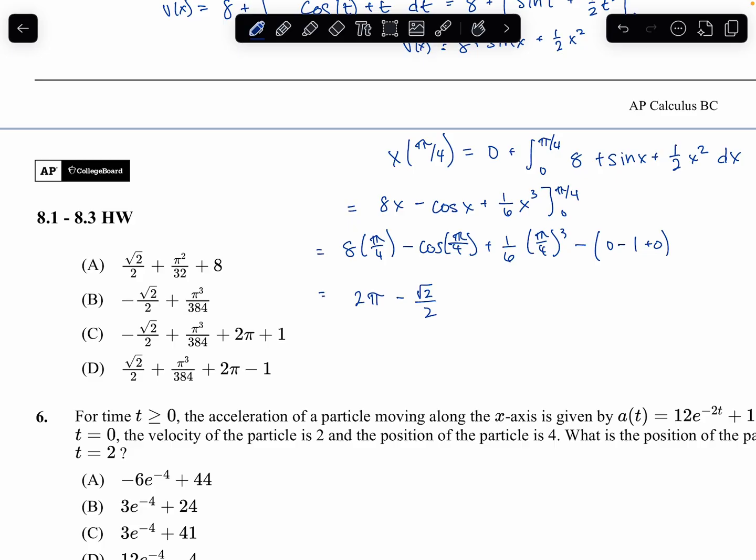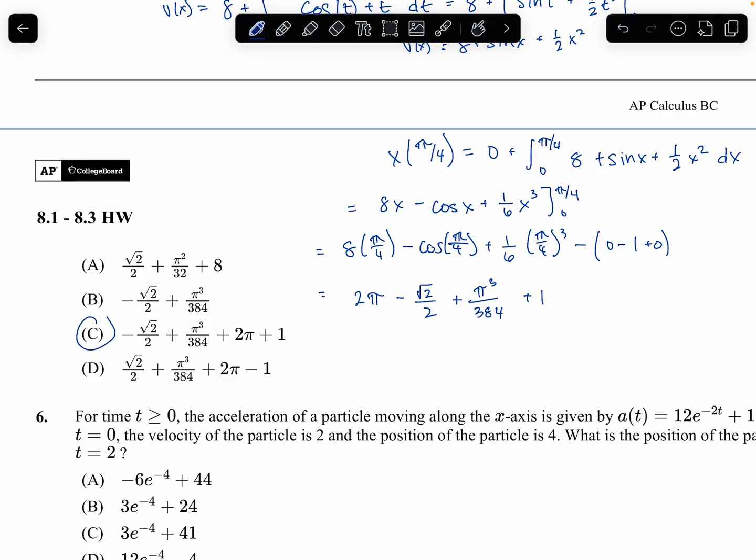And then plus, this is going to be pi to the third. I'm going to need a calculator for that part. We're going to do 4 to the third, and that's 64, and multiply that by 6, so I get over 384, then plus 1, so the answer is C.